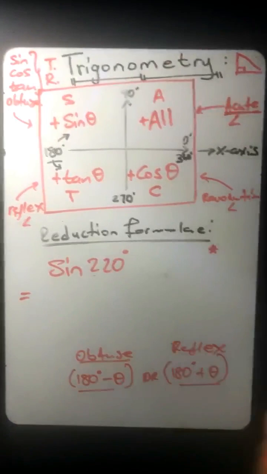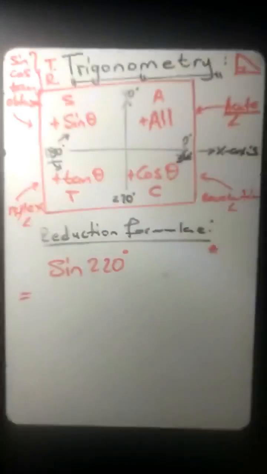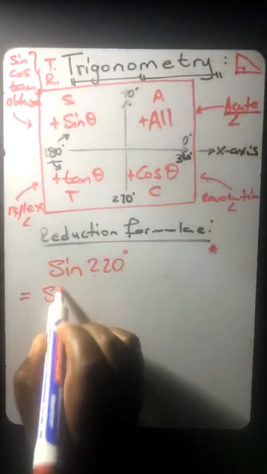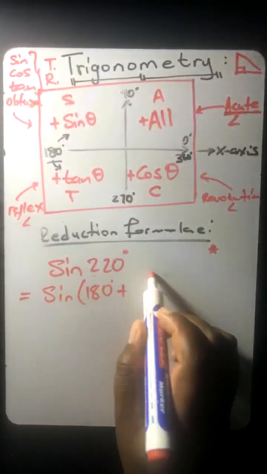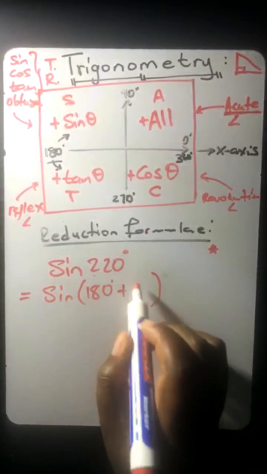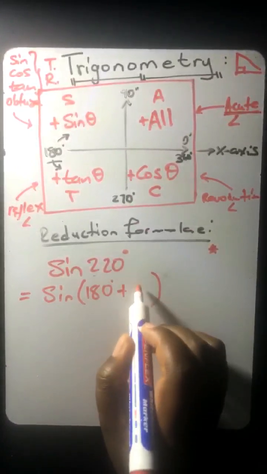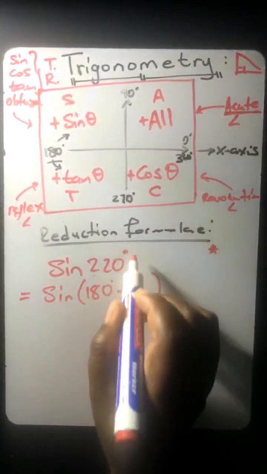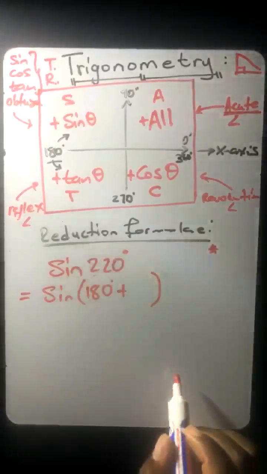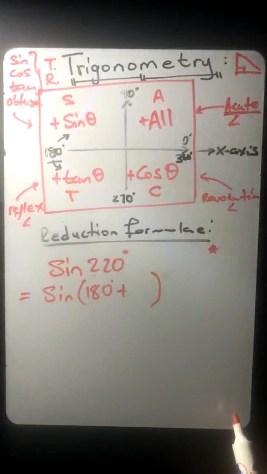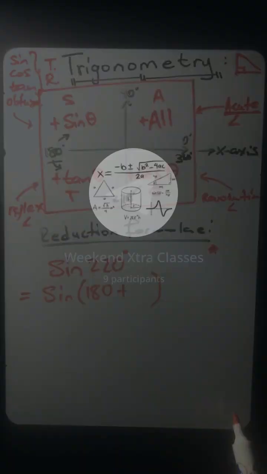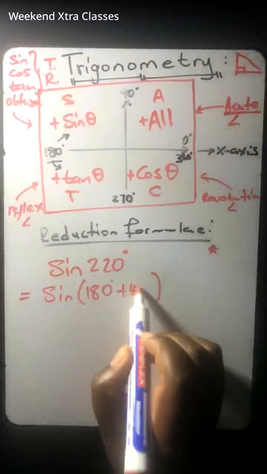This one takes you to that angle of obtuse, and this one takes you to that angle of reflex. So the reduction formula that you're going to use is sine of 180 degrees plus what acute angle? What acute angle are you going to add to 180 so that it takes you back to that? So you'll always say 220 minus 180, whatever angle you get. I think it's 40. Is it 40?